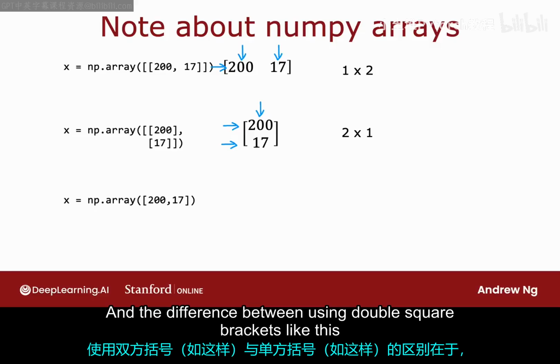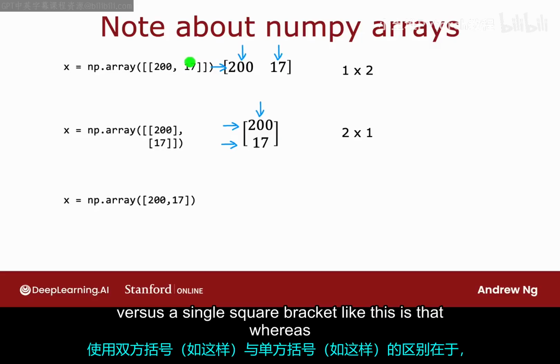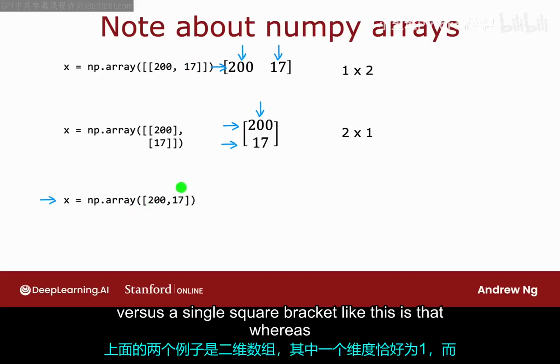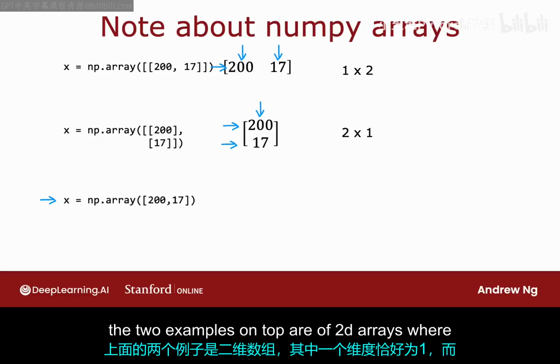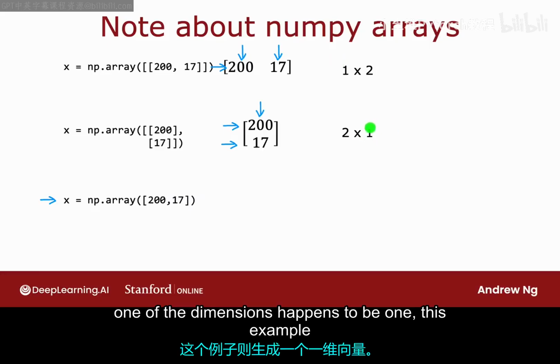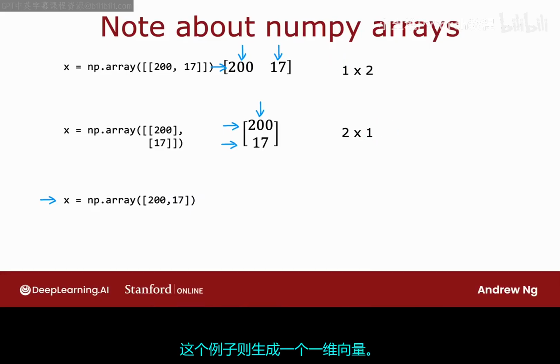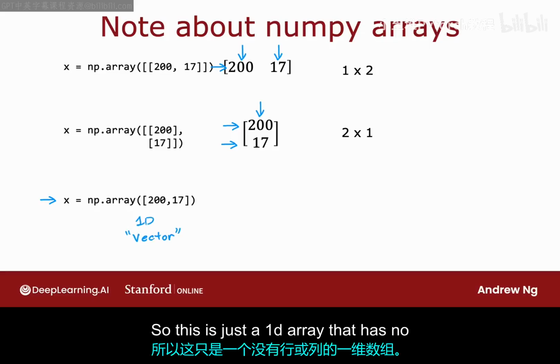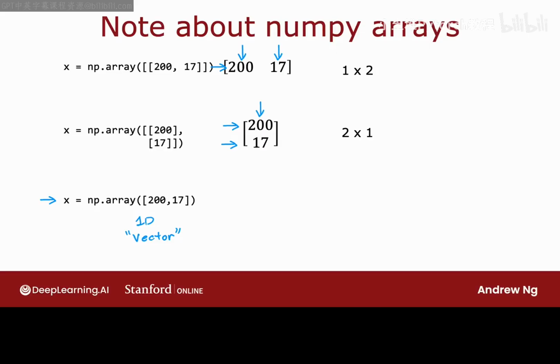And the difference between using double square brackets like this versus a single square bracket like this is that whereas the two examples on top are of 2D arrays where one of the dimensions happens to be 1, this example results in a 1D vector. So this is just a 1D array that has no rows or columns.